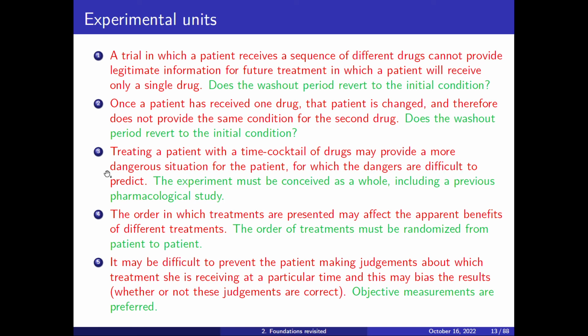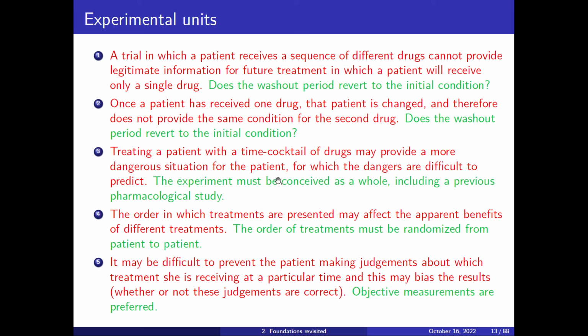So we must be aware of possible interactions between drugs. So having given the first one, maybe there is not a sufficiently large washout period, and then the second one interacts with the first one, and it causes some problems.